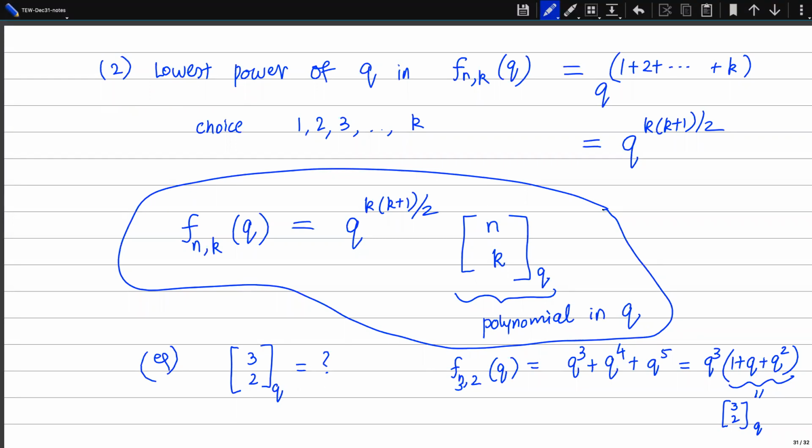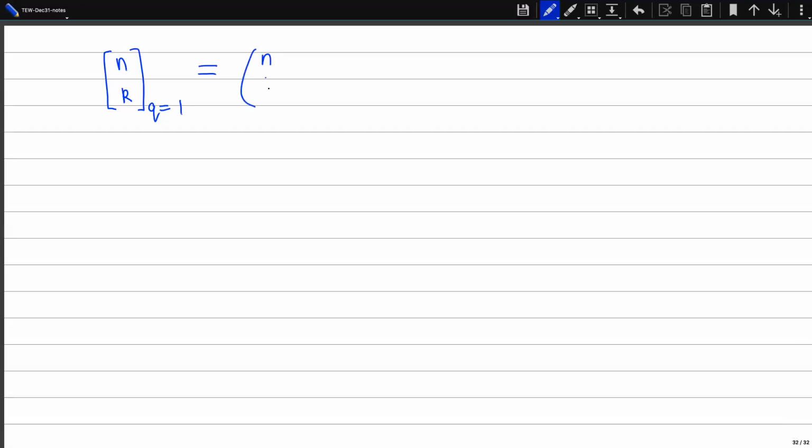You will get the same answer as n choose k. Why? Because this is just going to give you a 1. That's all. So this is now just the ordinary binomial coefficient n choose k. So that's another reason: the q binomial coefficient is just like the usual binomial coefficient, but somehow you made it into a polynomial in q. That's it.